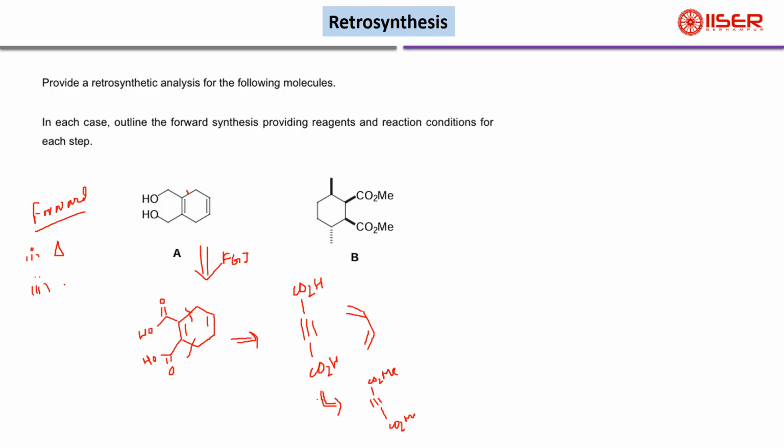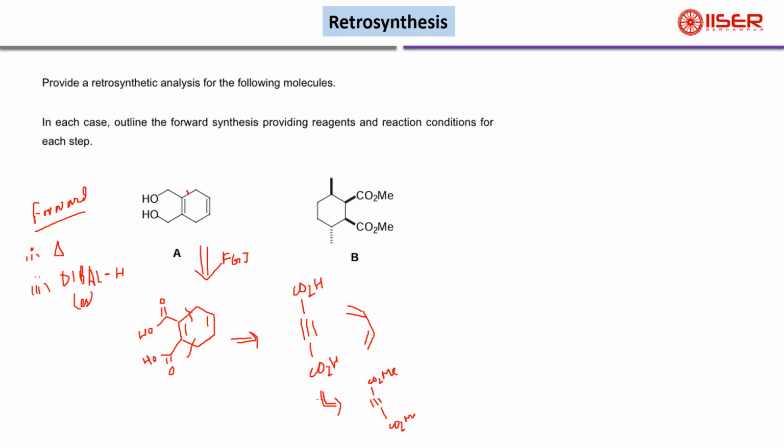Now the ester can be reduced by using DIBAL. You use DIBAL. These two ester groups can be easily reduced to two alcohol groups. There is another possibility: if you are starting from acid, if you are not starting from ester, then for reduction instead of DIBAL we will use BH3·SMe2.